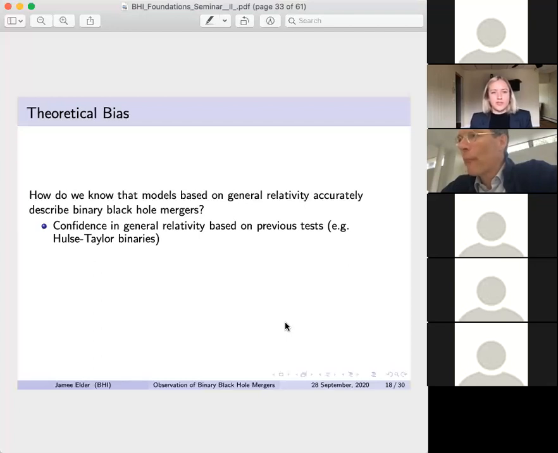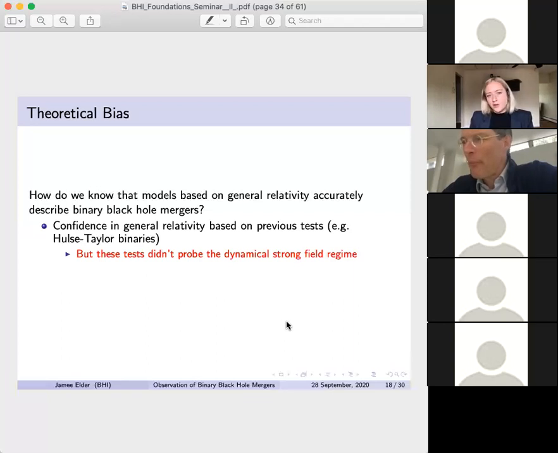So why is it we think that general relativity provides an accurate description of a binary black hole merger? Now, you might think that we just have good general confidence in general relativity based on previous tests. So, for example, the Hulse-Taylor binaries provide some good evidence that general relativity is a good description of those kinds of systems.